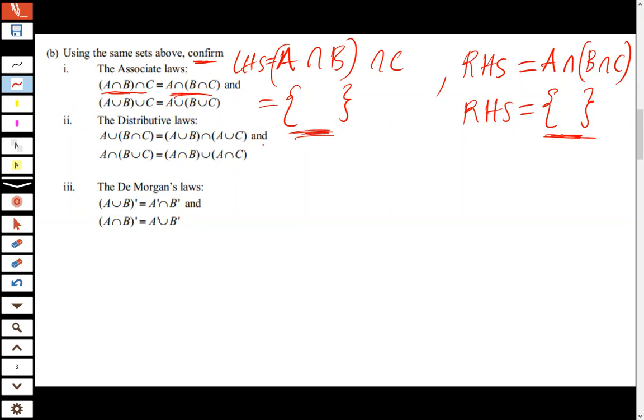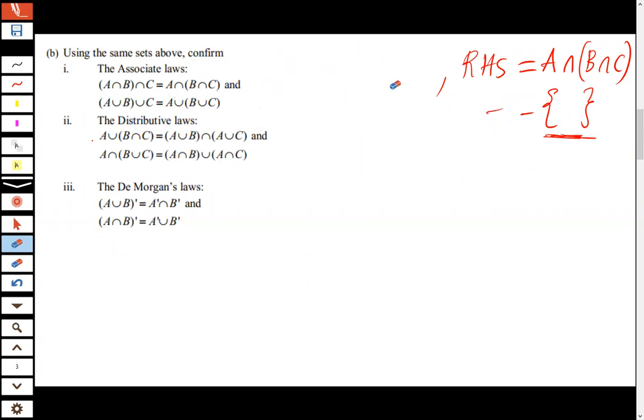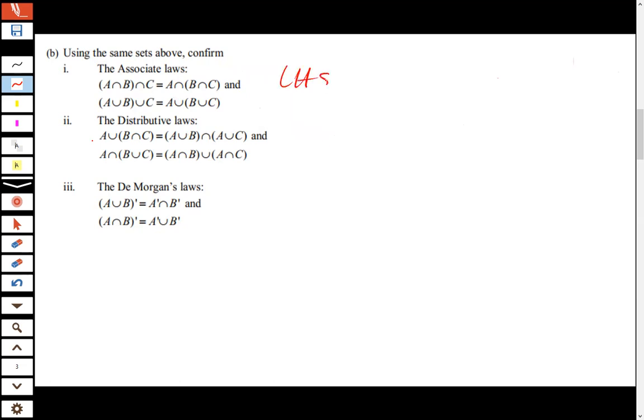All right, so the same applies to the distributive law here. You also have to do the same. Let me just illustrate how to solve it. You get your left-hand side, which is A union B intersection C. You find the answer for the left-hand side.